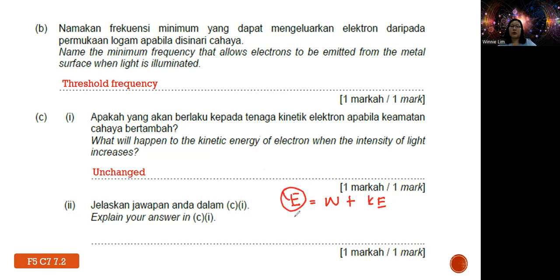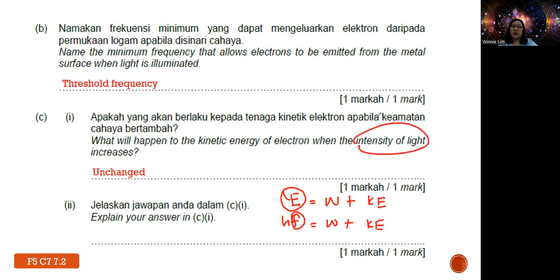And this photon energy actually comes from the Planck constant multiplied by the frequency itself. Therefore, the frequency will only affect the kinetic energy of the electron and not the intensity.